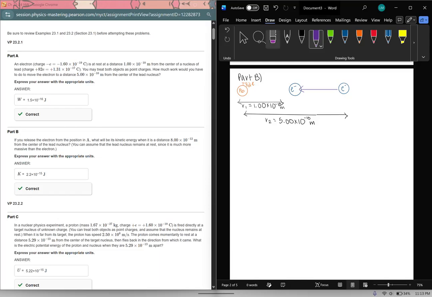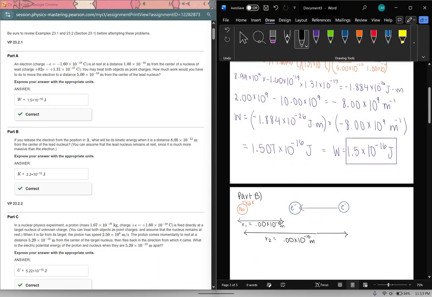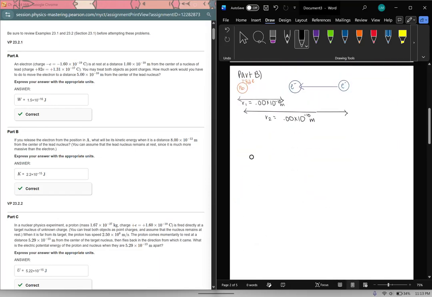I made a mistake, I believe. I think the R1 should be 5, and the R2 should be 8, since here it says what would be the kinetic energy when it's the distance.